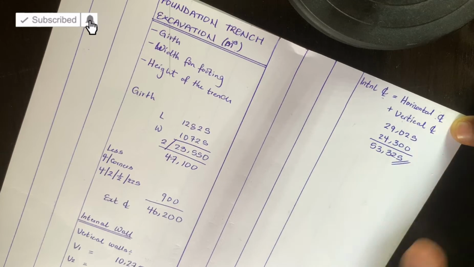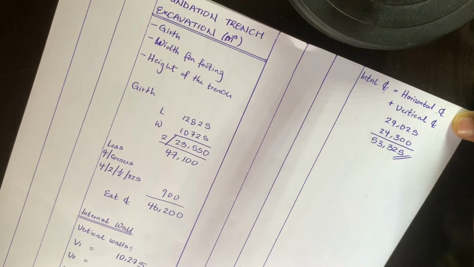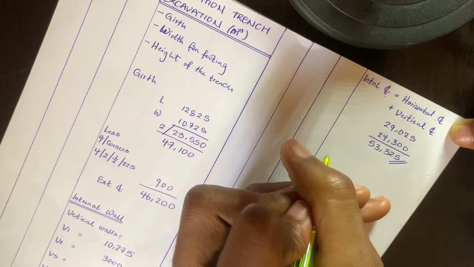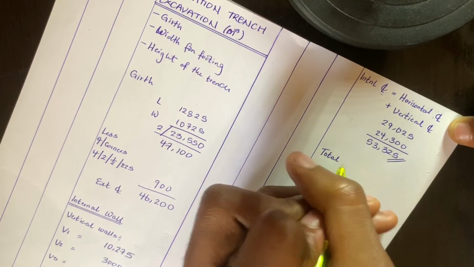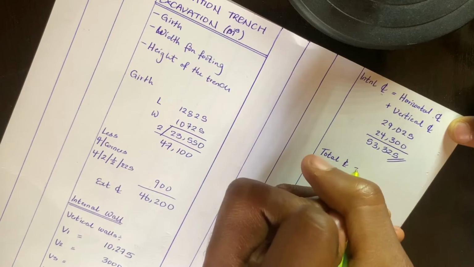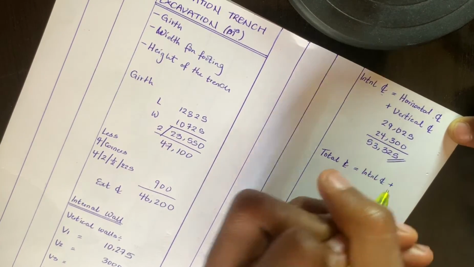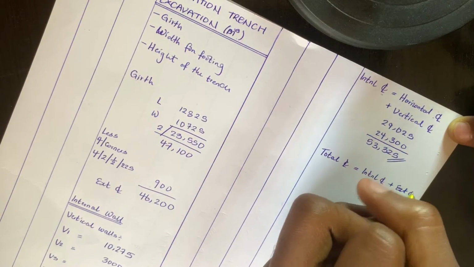What we are looking for is the total gate. So we have to add our total internal gate to our total external gate. So our total center line will now be equal to internal gate plus external gate.